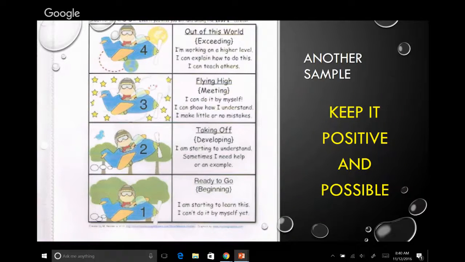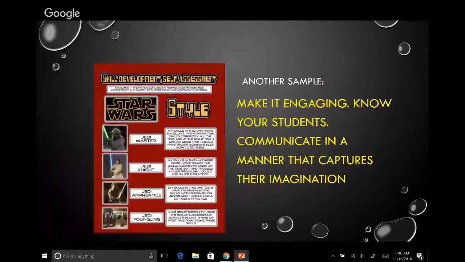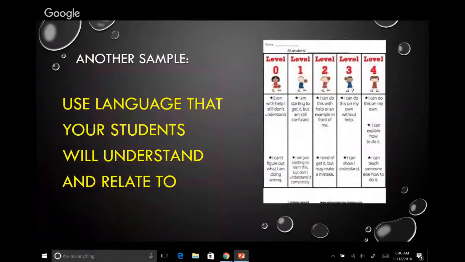All of these will be on the PowerPoint so you can look at them closer. And if Star Wars is your bag, then make it engaging for your kids. Capture their attention by going with what is in their bailiwick, and use language that students can understand and relate to.